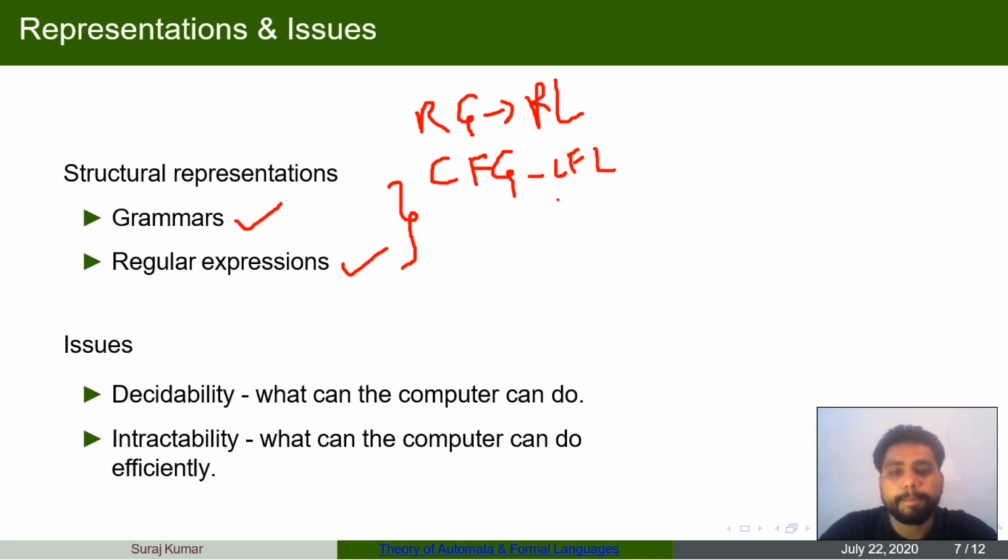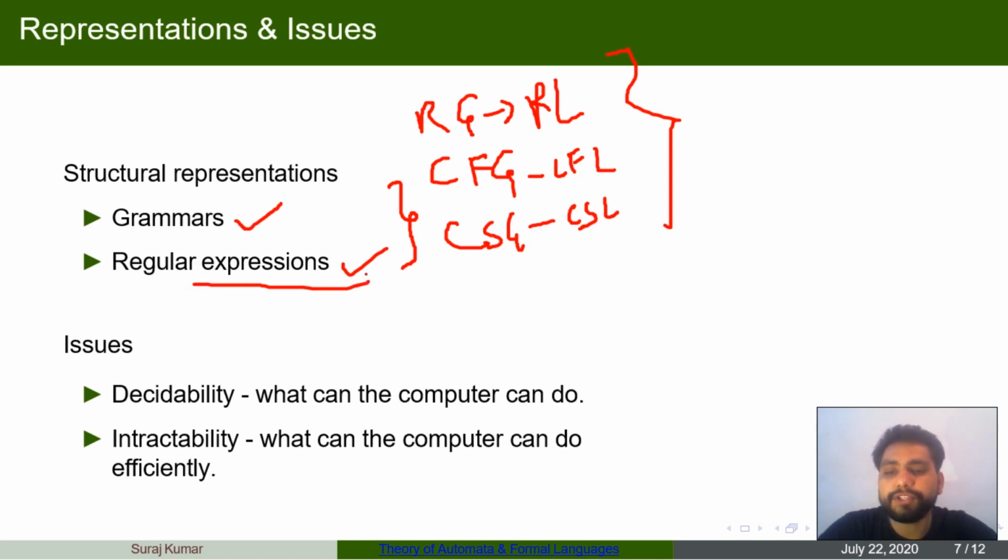Similarly you will have a context sensitive grammar for a context sensitive language. So there will be a grammar present for every language. You can also have expressions by which you can represent your languages.